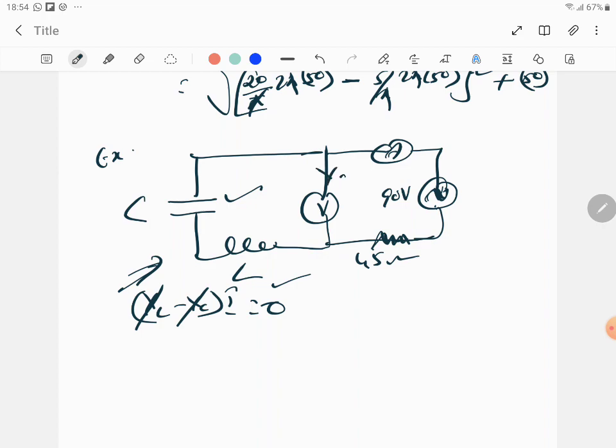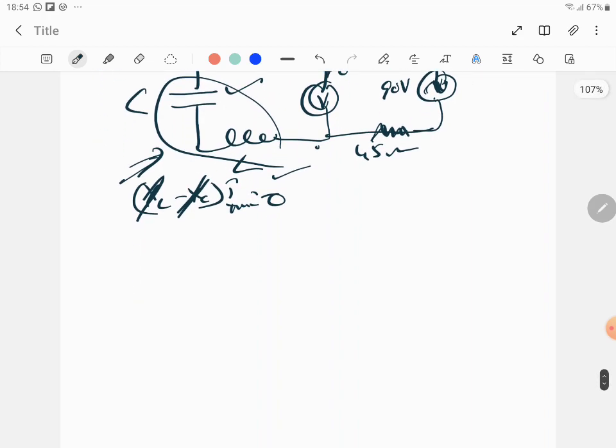Therefore, the current flowing to the voltmeter will also be zero, and the reading on the voltmeter, the potential, will be zero. There is no potential difference between this end and this end, so the voltmeter will show a zero volt reading. Are you clear? Not a tough sum. Next.